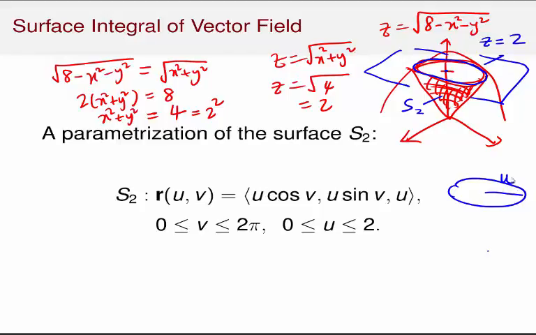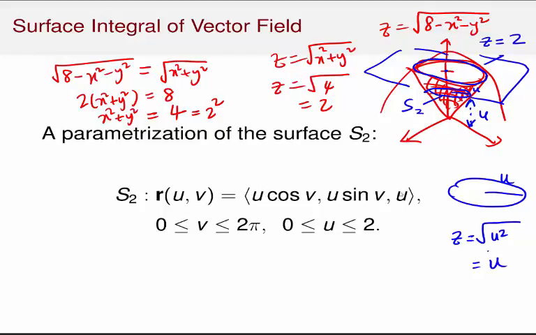Since the radius is u, if we substitute this into the cone equation, we have z equal to square root of u squared, which is again u. Hence, we can think of S2 as the collection of circles with radius u, whose distance from the xy plane is also u.